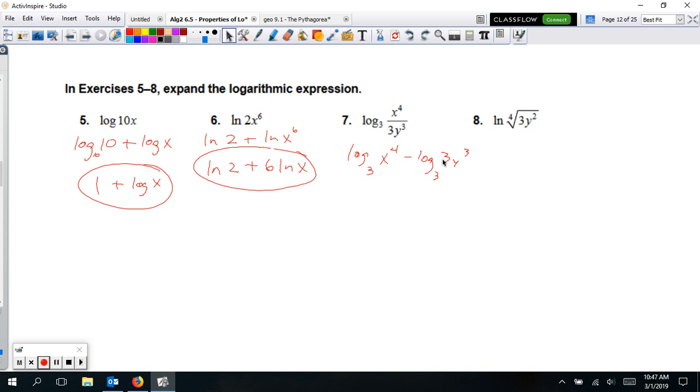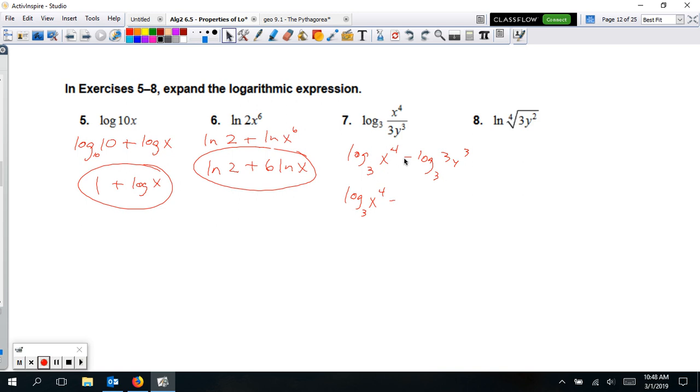On this one we have a product actually and then a power. So we want to deal with the product first. So 3 times this y to the third. So let's first work on this. I'm going to leave that for now just as the same. We will put that 4 in front on the next step, but I want to expand this one out a little bit further. It's going to be minus log base 3 of the first one plus log base 3 of the second one.